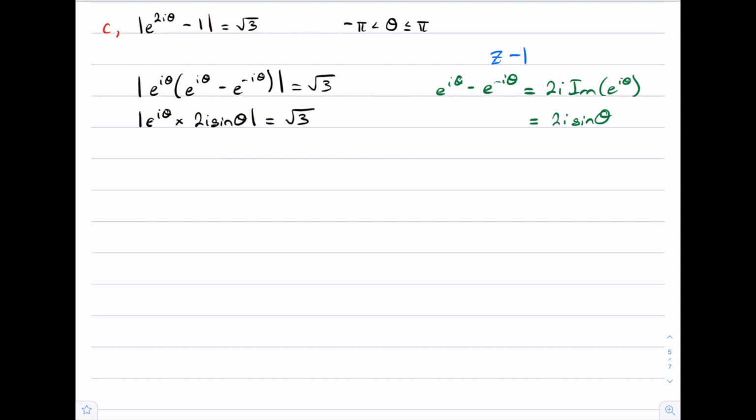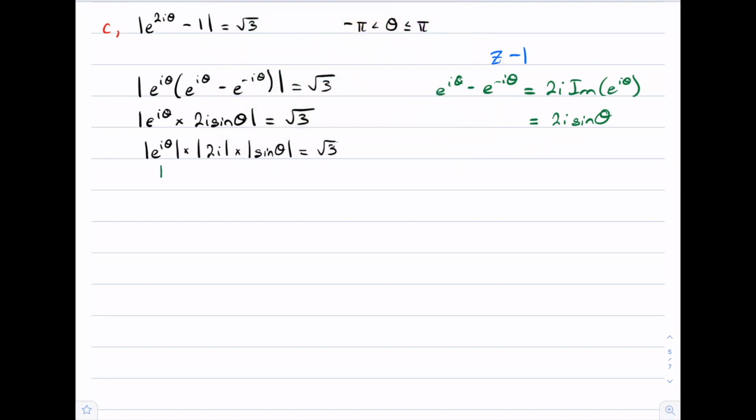equal to root 3. And now I'm going to split this up because everything inside my modulus is a product. So I can split them up into the product of the moduli. So I have the modulus of e to the i theta multiplied by the modulus of 2i multiplied by the modulus of sine theta is equal to root 3.